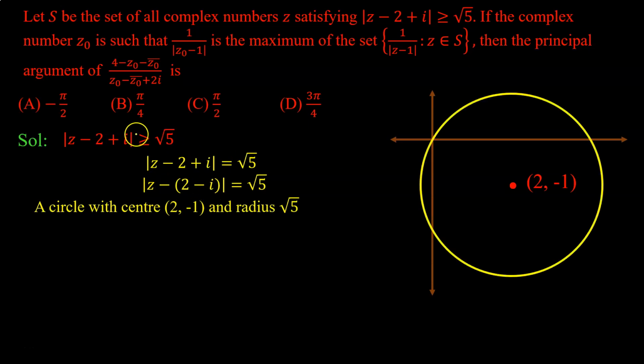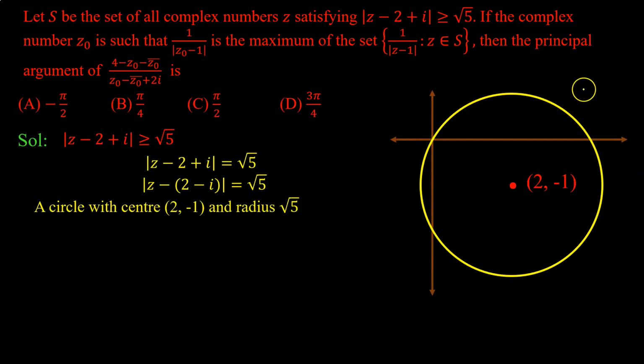Now coming back to the inequality, it says that modulus of Z minus 2 plus iota is greater than or equal to root 5. If we take equal to root 5, we get points on the circle. If we consider the greater than case as well, we get the points outside the circle.